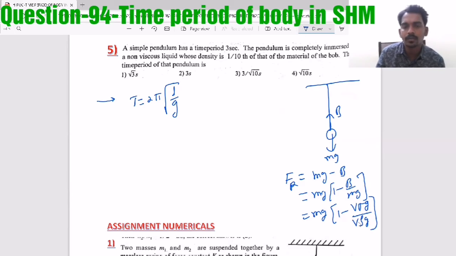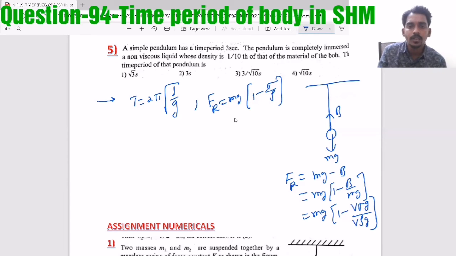Sigma is density of liquid, rho is density of solid. So the resultant force became mg into 1 minus sigma by rho, where they have given that liquid density is 1 by 10th of the density of the material. That means rho by 10. So sigma by rho equal to 1 by 10.